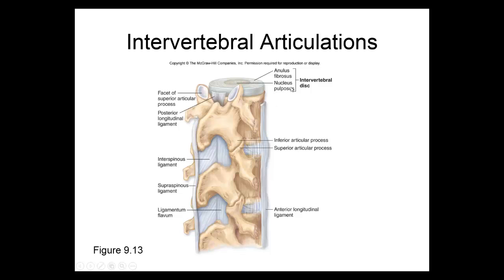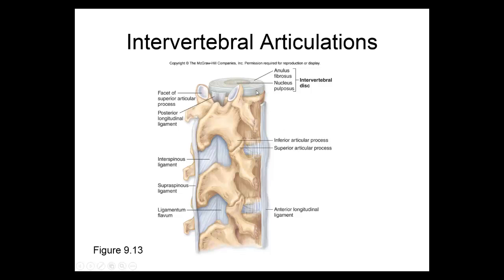The center then will be called nucleus pulposus, whereas the outer circles here, the fibrocartilage circles, are called annulus fibrosus. Both of them are forming the intervertebral disc.